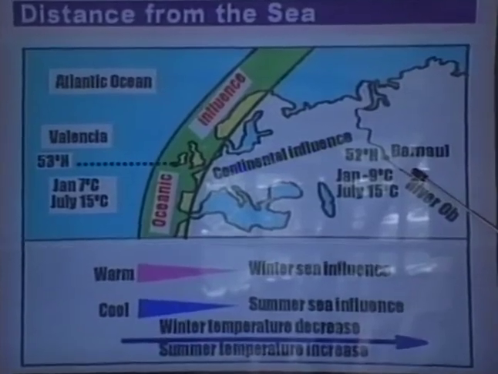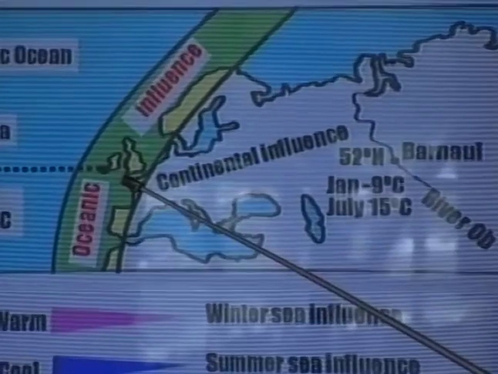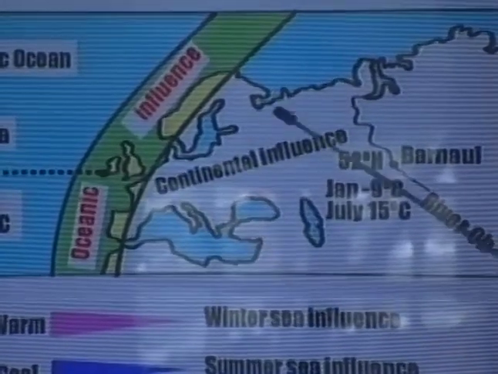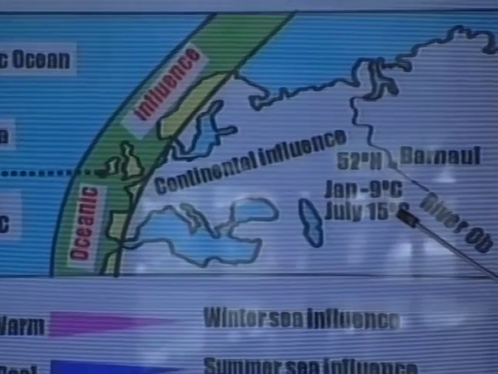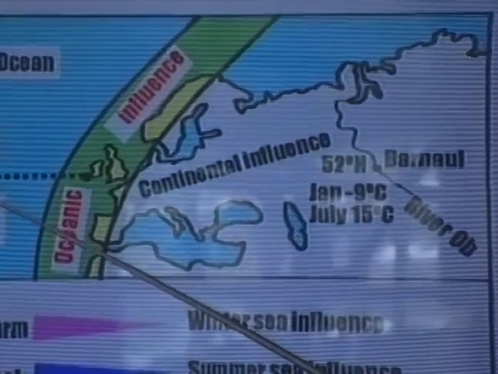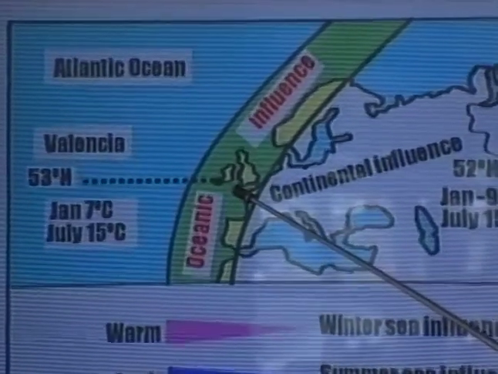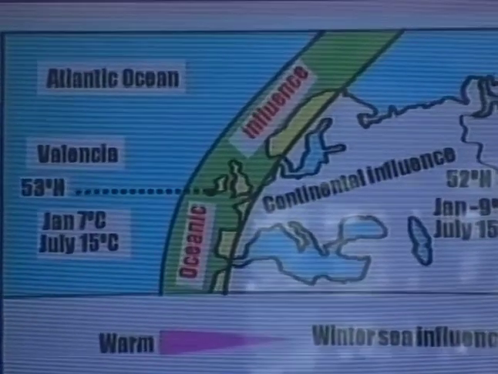So maritime or oceanic influences are those areas that are affected by the sea, which are closer to the sea, and those areas that are affected by the fact that they are further inland are said to have continental influences. So here we have two areas, one located here, Valencia, and the other one, Banal.